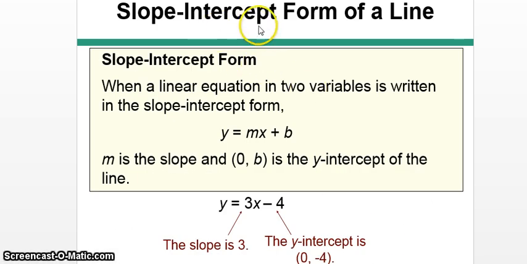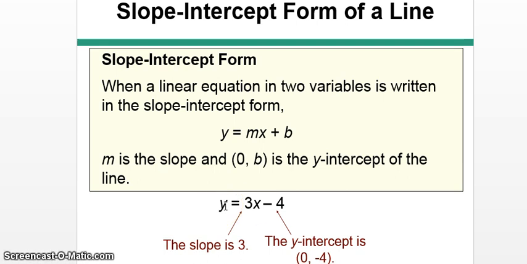Slope intercept form of a line. When a linear equation in two variables is written in the slope intercept form, y equal to mx plus b, m is the slope and (0, b) is the y-intercept of the line.